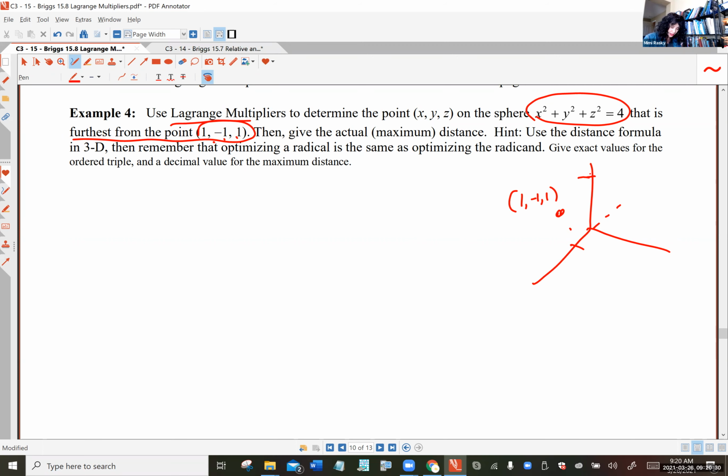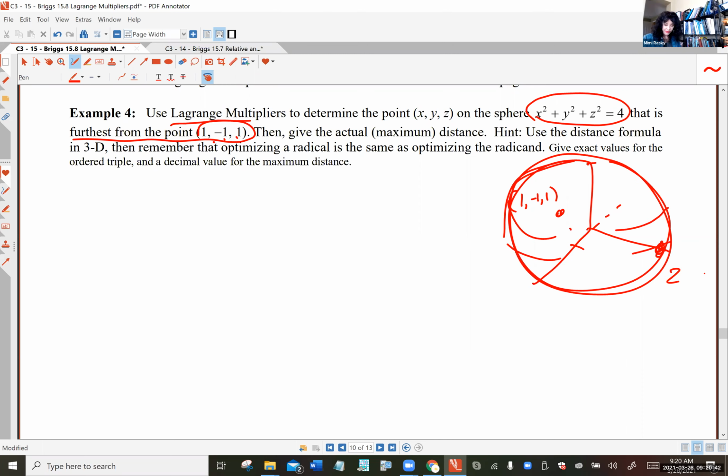So let me try to draw this pretty well. I'm not very good at drawing sometimes in 3D, especially nice spheres. Oh boy, that sphere looks terrible. If you can imagine, this is a sphere of radius 2. But this point is inside the sphere, obviously, because the sphere is hollow. So you want to figure out the point on the sphere's boundary that's the furthest away from this point.